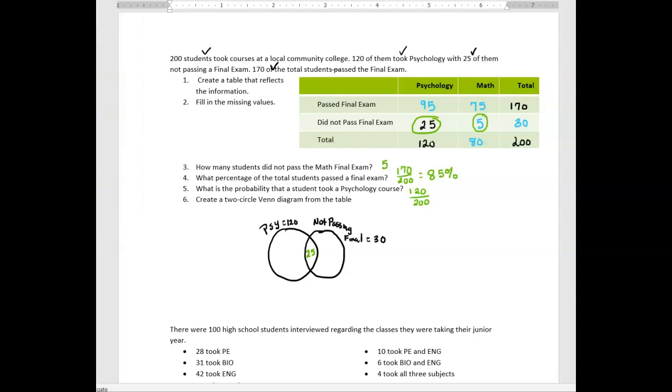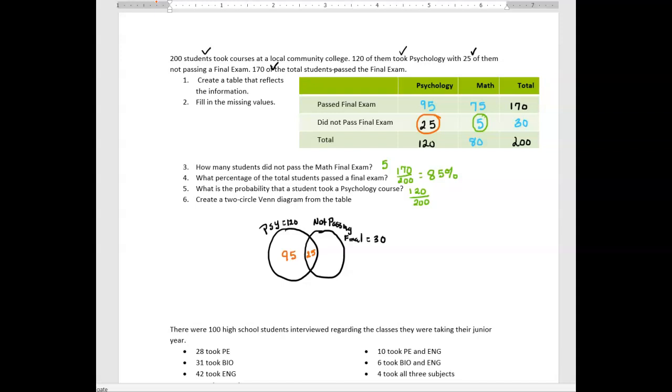Let me change this color so that we have 25 students that did not pass. We also had 120 total students, so that leaves us 95 students that fills in this remaining circle.